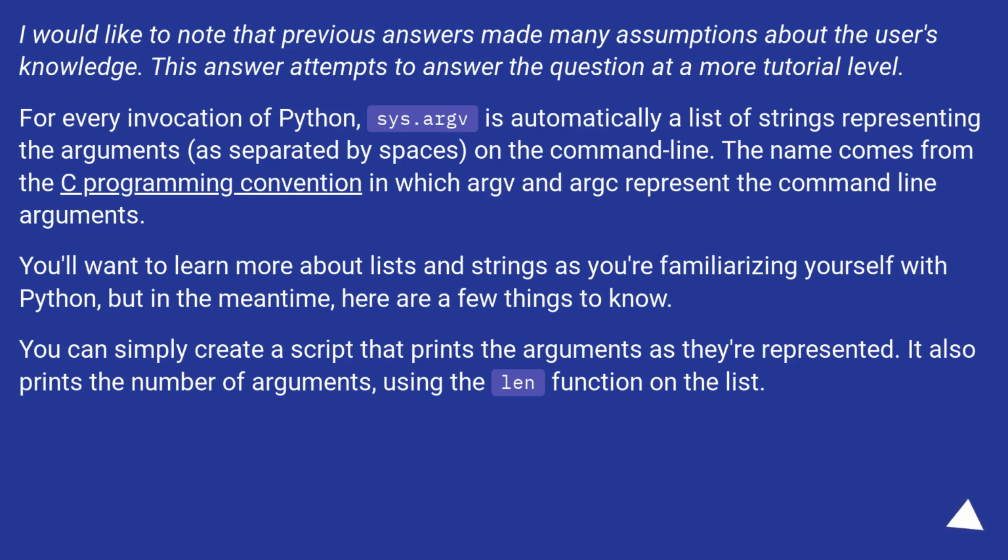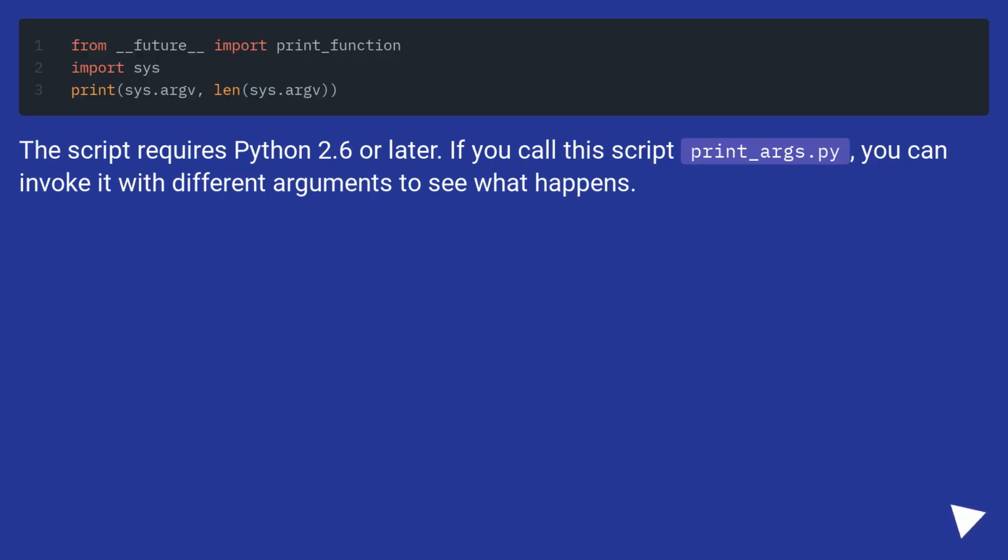You can simply create a script that prints the arguments as they're represented. It also prints the number of arguments, using the len function on the list. The script requires Python 2.6 or later. If you call this script print_args.py, you can invoke it with different arguments to see what happens.